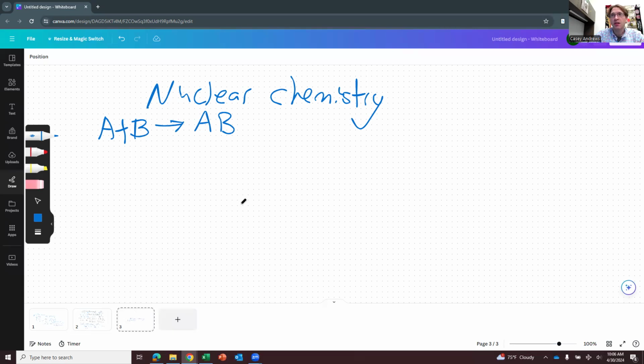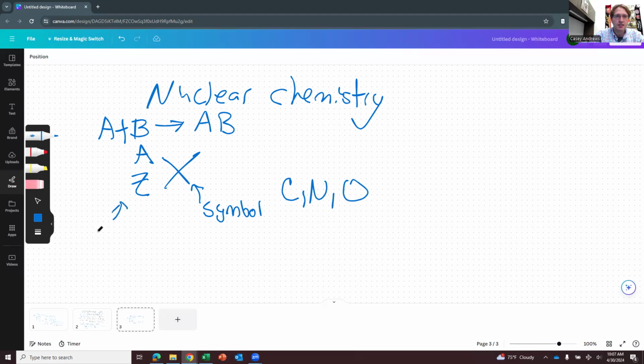So first off, let's just talk about our notation here. Whenever I do nuclear chemistry, I'm going to write my elements like this. X is the symbol, and that's just from the periodic table. For example, carbon is C, nitrogen is N, oxygen is O. So we're used to that.